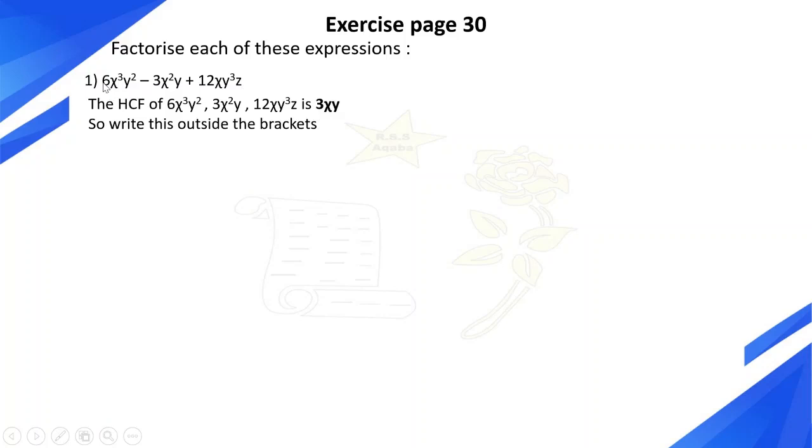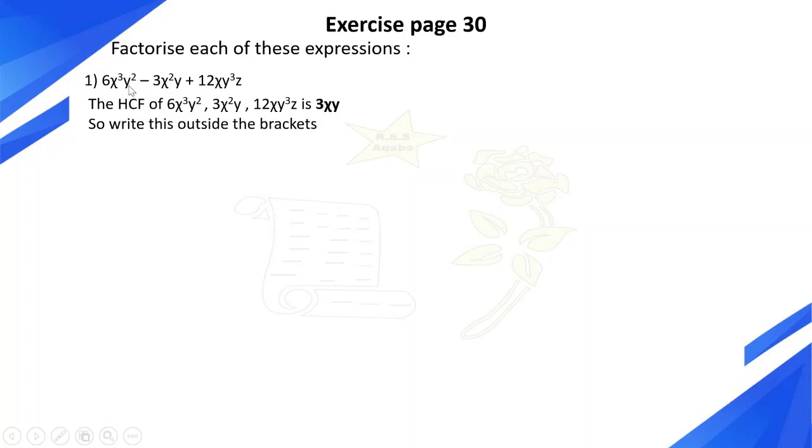Because the HCF of 6 and 3 and 12 is 3. According to variables, we have x cubed, x squared, and x. You have to choose the variable with the lowest power. So we have to choose x.